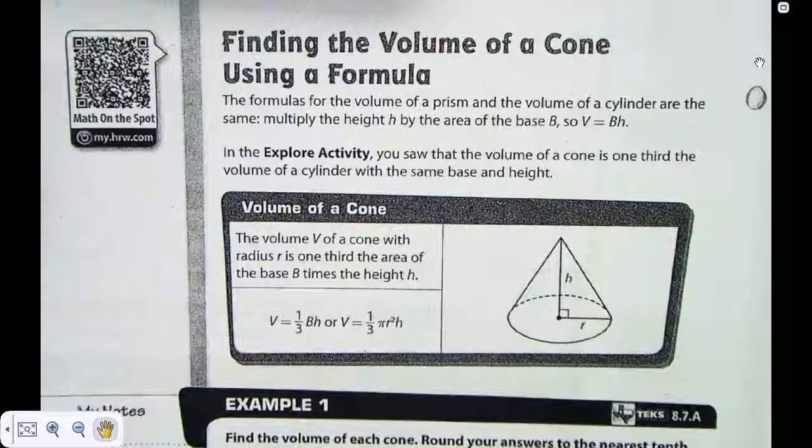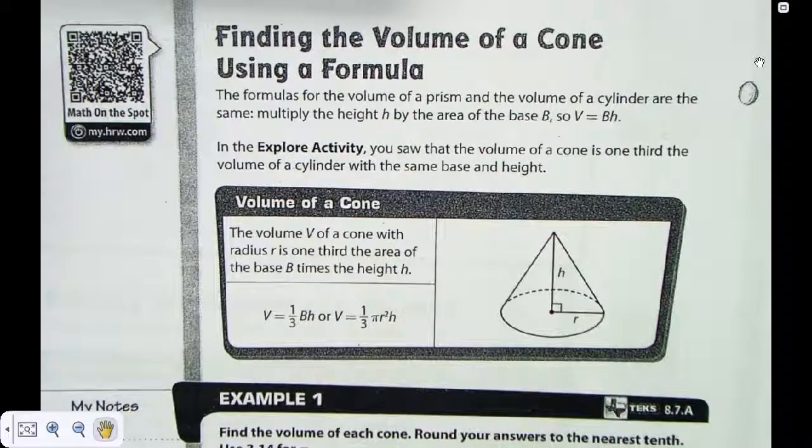Okay? So on page 252, you have a reference chart, right? With the formulas on it.